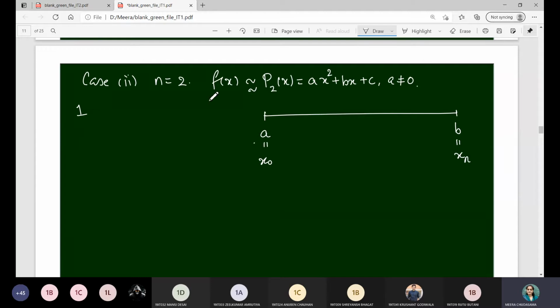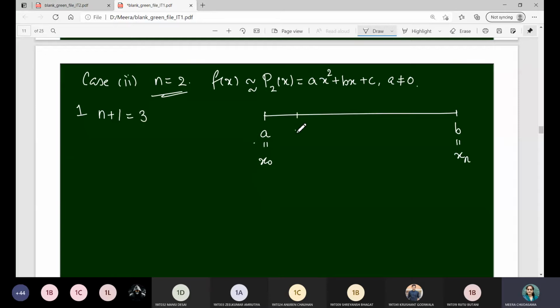So n is equal to 2 we have taken, that means total number of data points we have is n plus 1. Do you remember, if fx is approximated by pnx then total number of data points you are given is n plus 1. So here since n is equal to 2, that means n plus 1 is 3. That means right now we will require 3 data points.